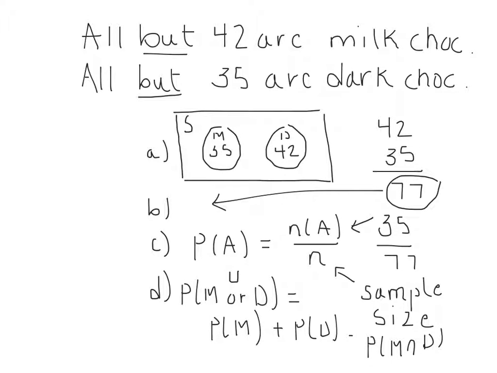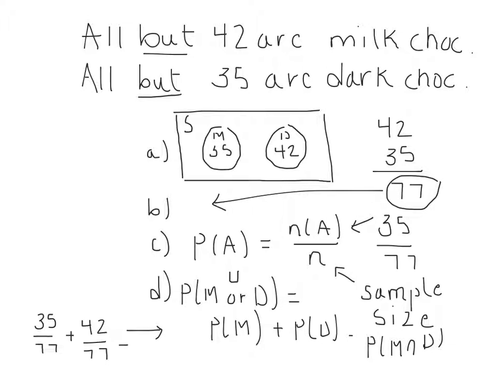And we have our union formula on our formula sheet for chapter 4 that says to find the probability of M union D, we're going to add the probability of M, which we've just determined is 35 over 77, plus the probability of D, which we've determined then would be 42 out of 77, using the same formula we used in C, minus the probability of M intersect D, which is the same as M and D.